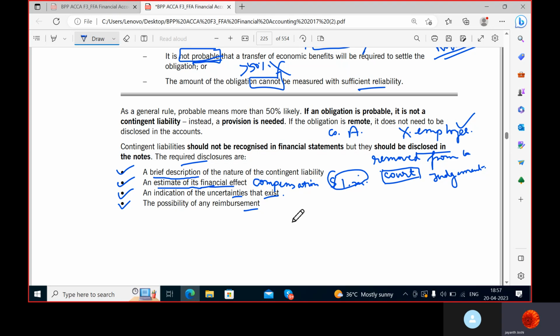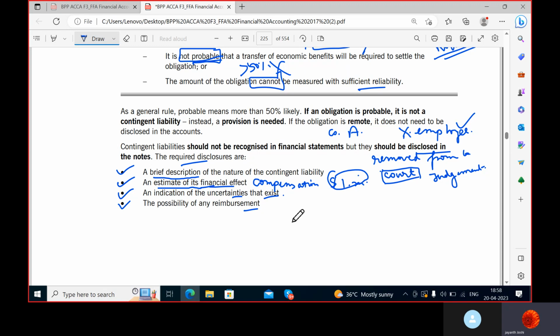And second, the amount can be reliably measured in case of provision. Like we saw in the example previously, that the lawyer has given a reliable estimate that the provision can be some $10,000. But for contingent liability, no reliable estimate can be made. So these 2 points are different from provision as far as contingent liability is considered.